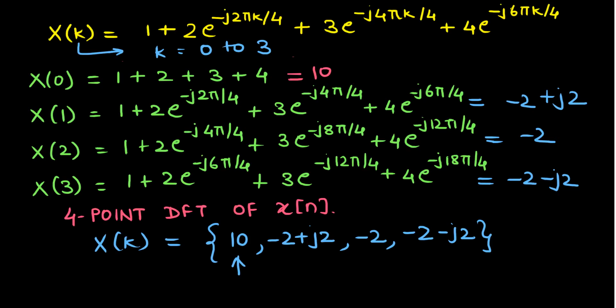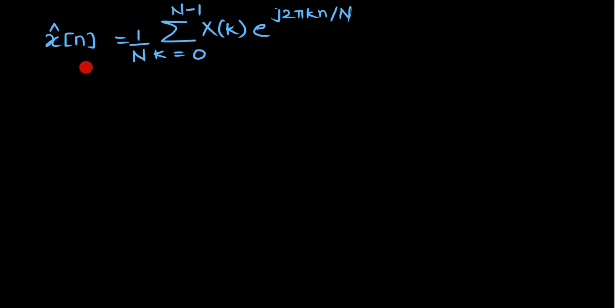Now let us consider this x of k and get back the value of x of n using the synthesis equation. And we know that the synthesis equation is given by this formula, and let the reconstructed or retrieved signal be given as x hat of n. So this is given as 1 by n.